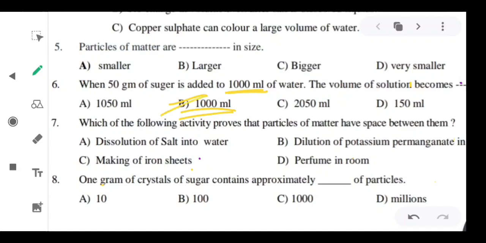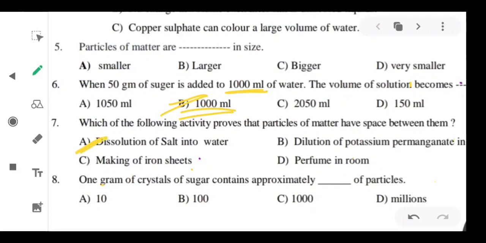Next one. Which of the following activities proves that particles of matter have space between them? There are 4 options. First one, dissolution of salt into water. We already did this. This is the answer, it proves that the particles have space between them.